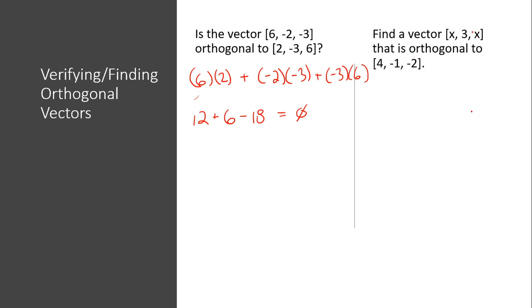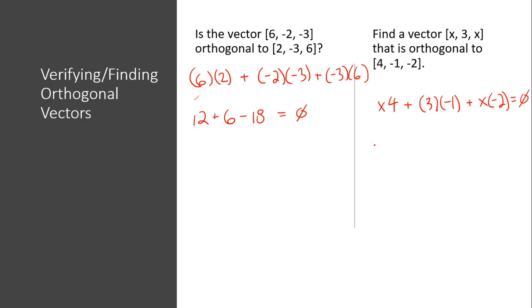We can spin it around and we can solve for some pieces knowing that if they are perpendicular, their dot product will be 0. So if we wanted to look at a dot product for these two vectors, x times 4, I'm just putting it as I see it, and then we're going to do plus 3 times negative 1 and plus x times negative 2. And if it's true, the dot product is 0.